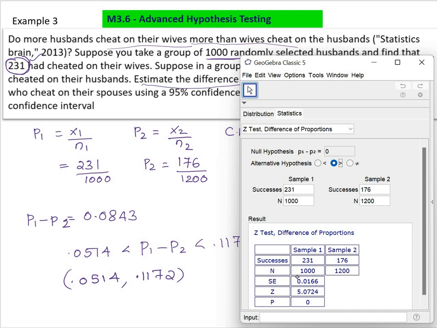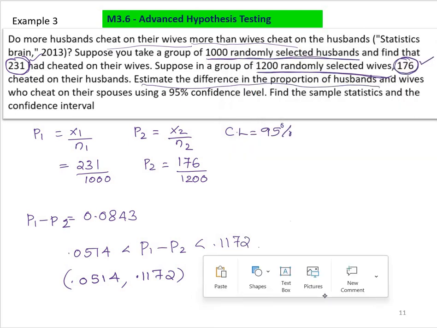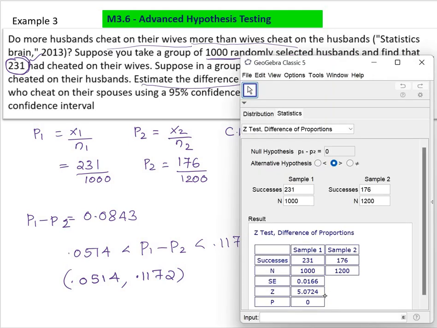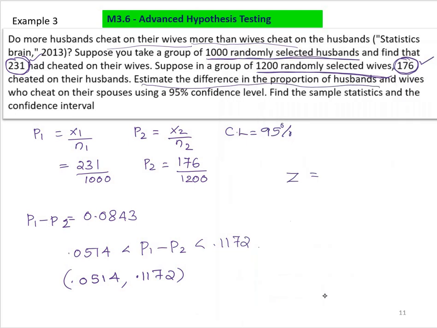Then check that one. Yeah, then the Z value, the test statistics, is given by 5.0724. That is directly found from the GeoGebra. See, Z value is 5.0724. Okay, so the test statistic Z is equal to 5.0724.